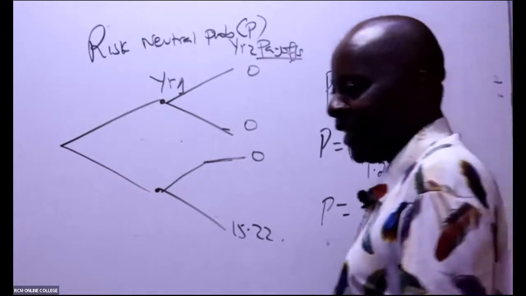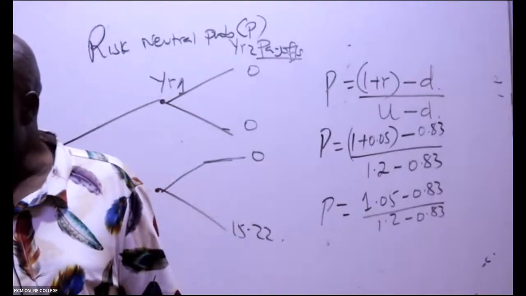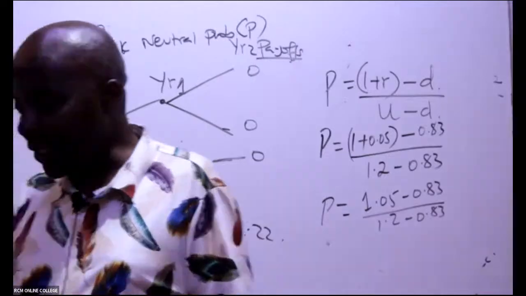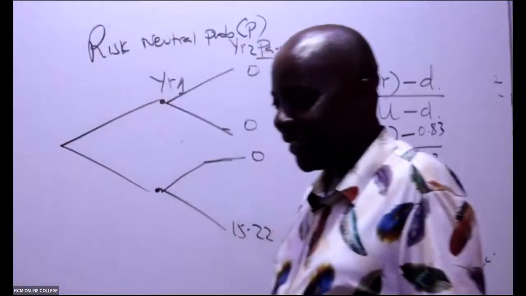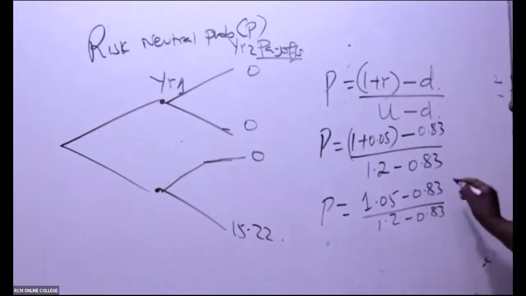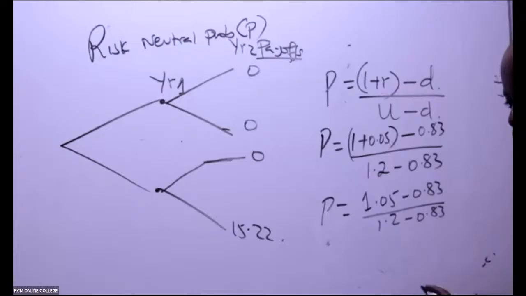So at the end of the day, who is able to give me this answer? I'm being given an answer of 0.59. Is that okay? You get the numerator divided by the denominator.